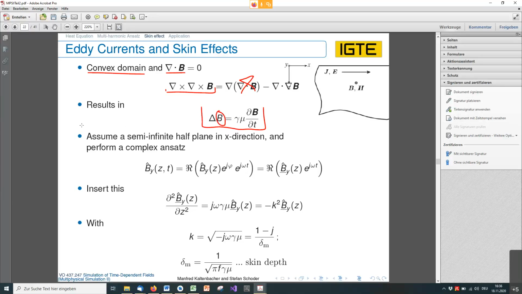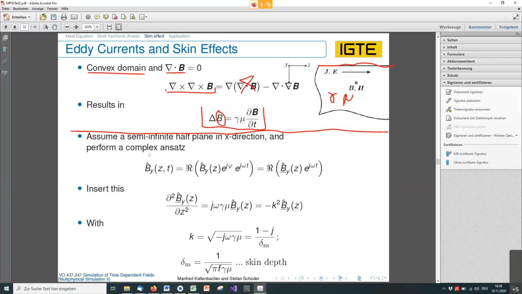So that's basically it from the theory. Having this equation, we assume a semi-infinite half plane in the x direction. So we have here a surface, and this is bulk material. This bulk material has a conductivity and a mu.